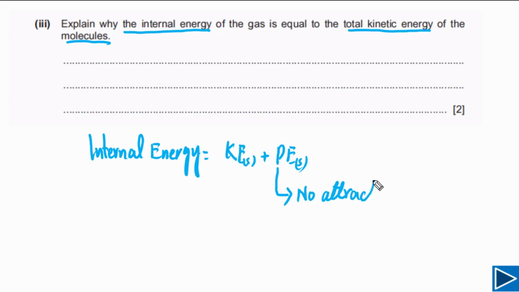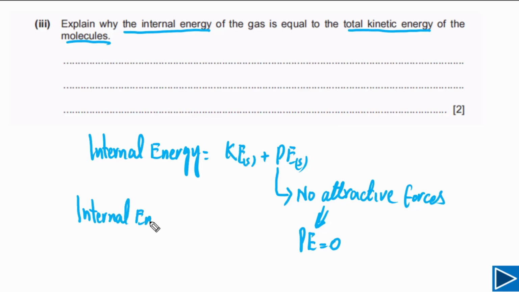As there are no attractive forces between molecules, it simply means that there is no potential energy of molecules. So simply we can say the molecules do not have potential energy. So in this case, internal energy is only equal to kinetic energy of molecules. So that's all what we have to write down.